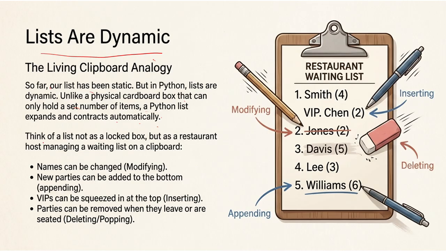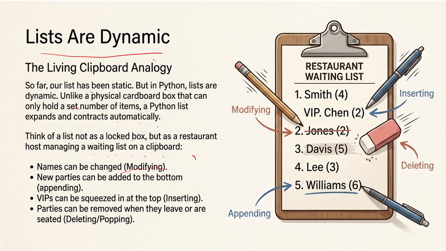So how to think of it? Think of a list not as a locked box, but as a restaurant host managing a waiting list on a clipboard. He is noting down the names of persons who have booked or arrived on a notepad. He can add new names, which is like adding new items to the list.